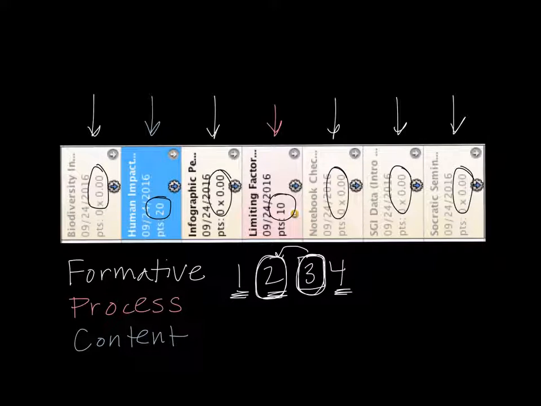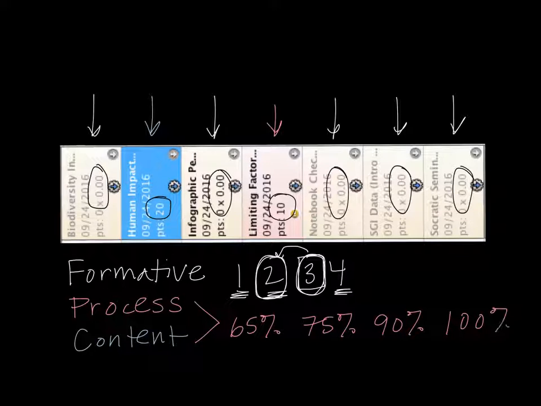So both of these, the process and the content standards, are either going to get a 65%, a 75%, a 90%, or a 100% score in all those categories. Again, they correspond to levels of understanding, so mastery of the standard is essentially an A- in this class.